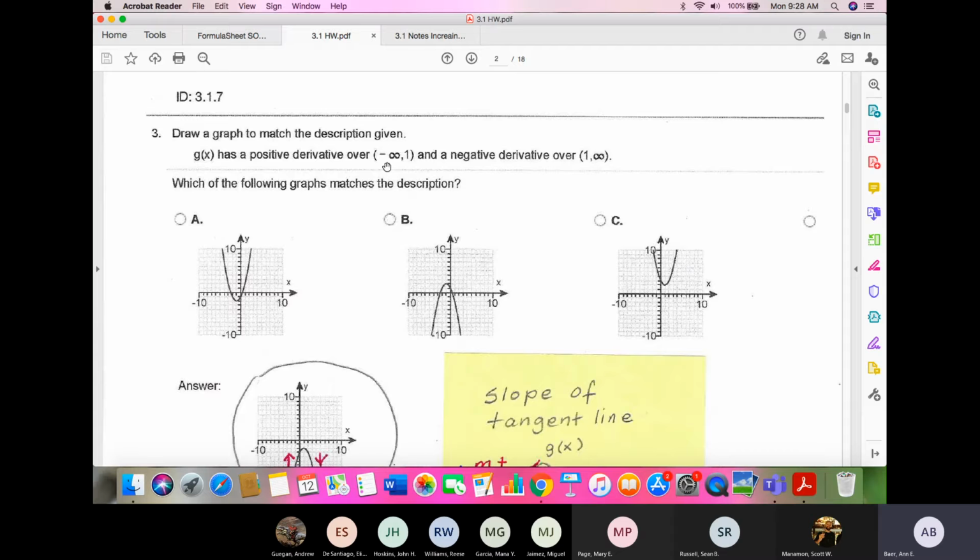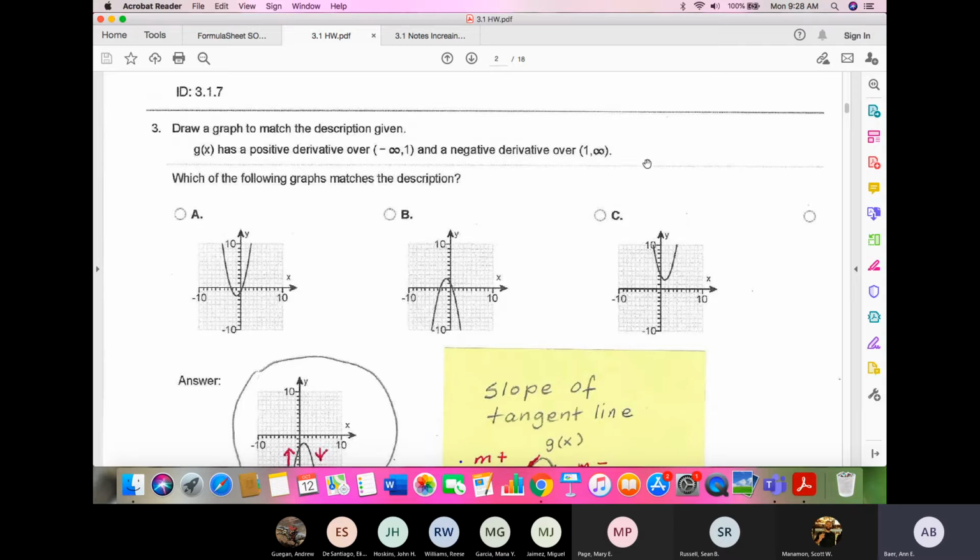So this is all the numbers between negative infinity all the way to 1, not including 1. These are all the numbers from 1, not including 1, all the way out forever and ever. And we're looking at, on this original function, a positive derivative over this interval and a negative derivative over this interval.